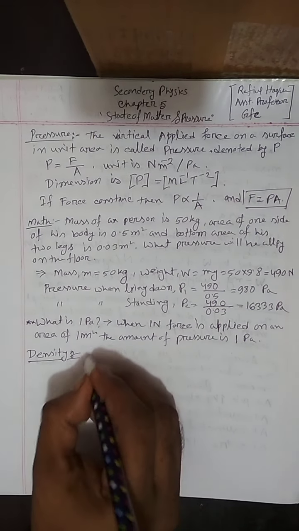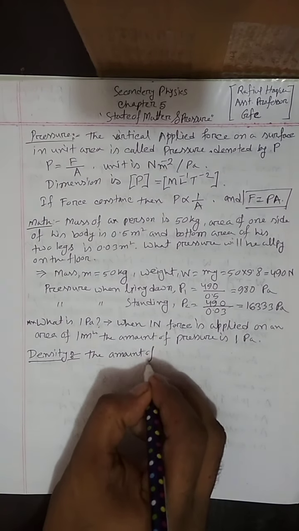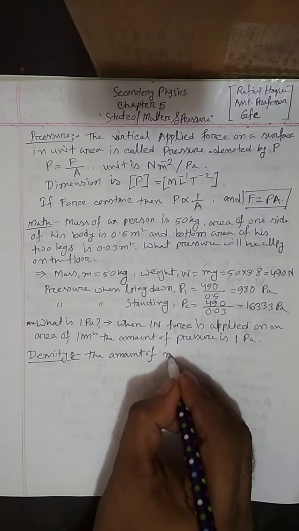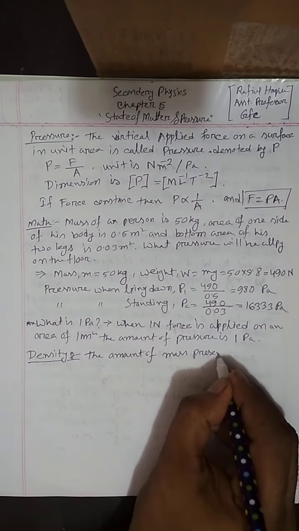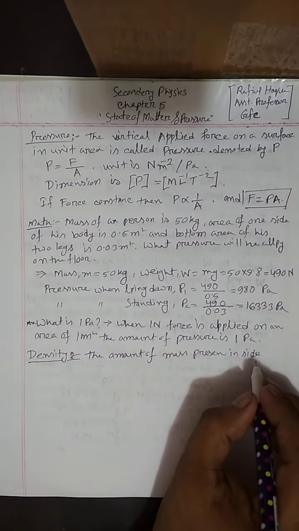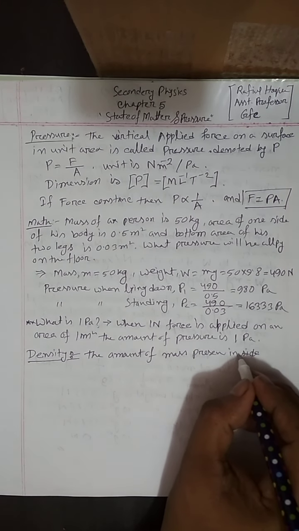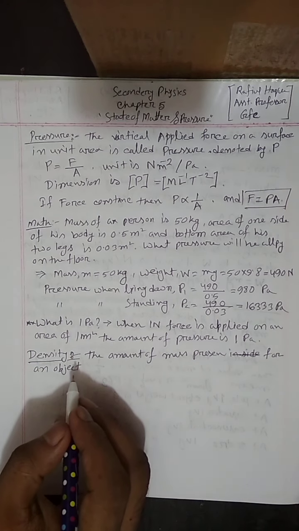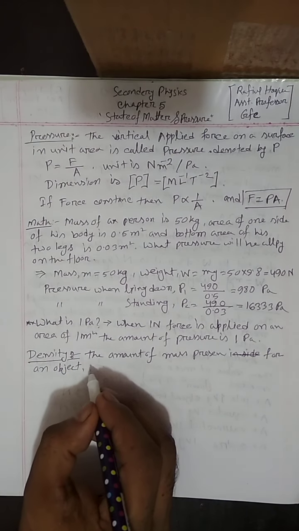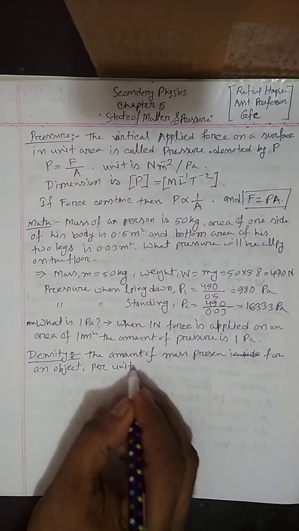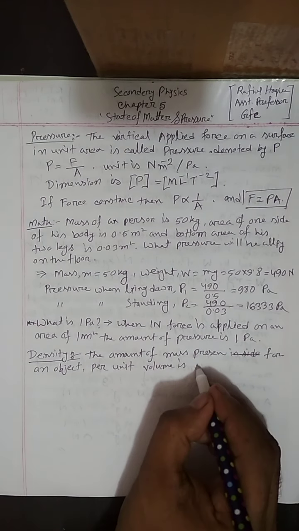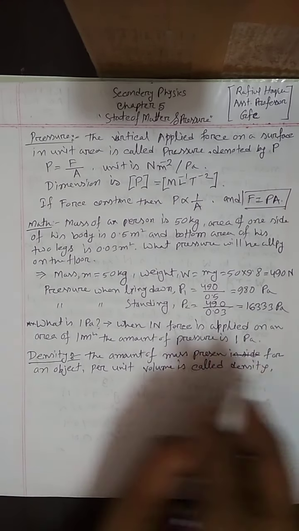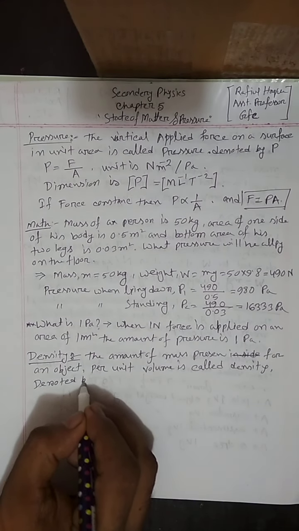So what is its definition? The amount of mass per unit volume for an object is called density, denoted by rho.